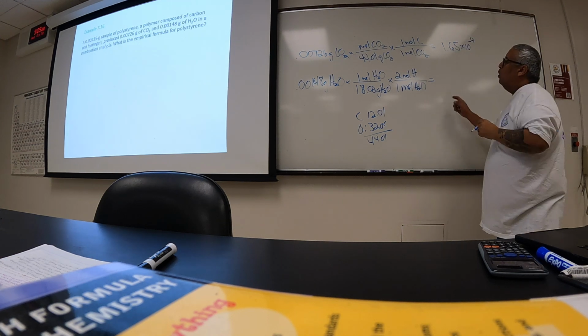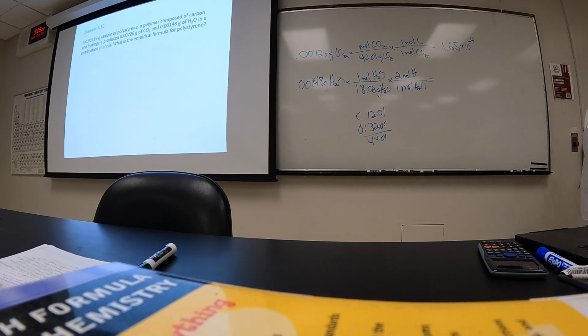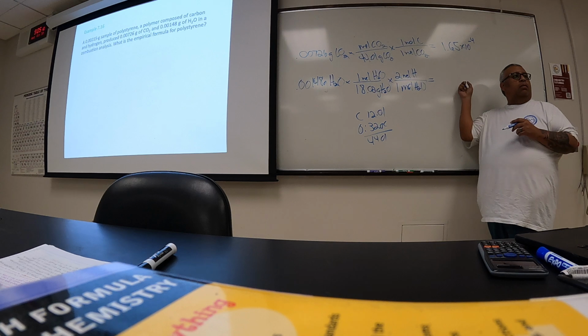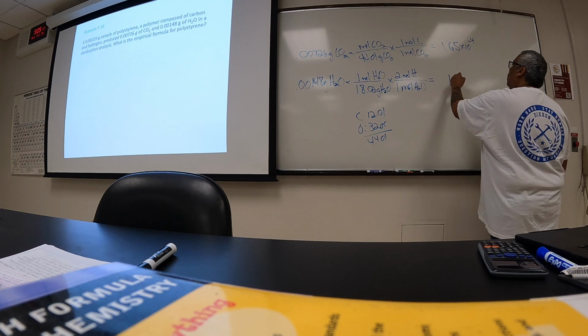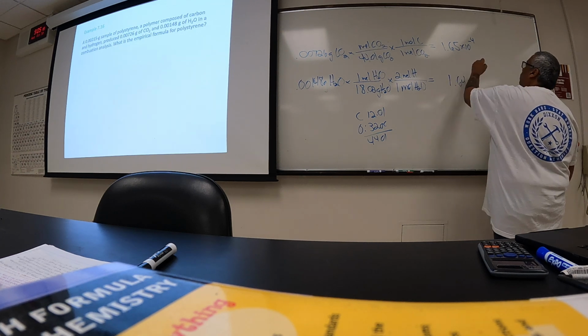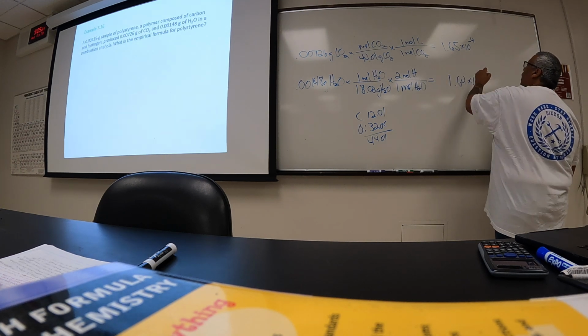All right. So down here, how much hydrogen do we have? We'll have somebody else calculate this one. 1.64 times 10 to the -4.